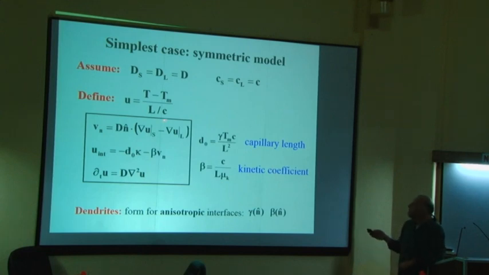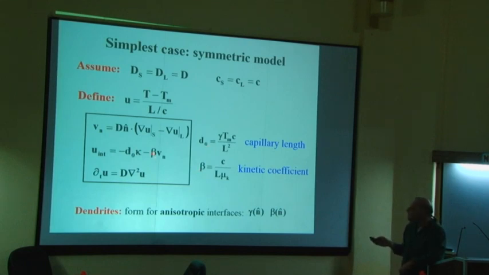Okay? Once you have done that, you can rewrite the equation in this way, where you have only 3 parameters left. It's the diffusion coefficient here. You get this quantity normally called d naught, which is called the capillary length, which is proportional to the surface tension here and to thermodynamic quantities. So this also is a material-specific quantity. It's a given value.